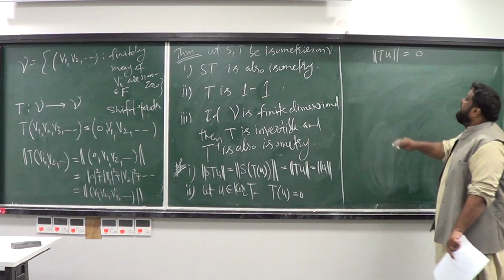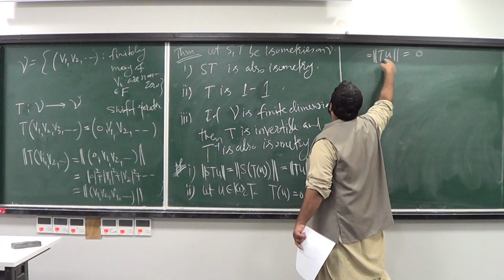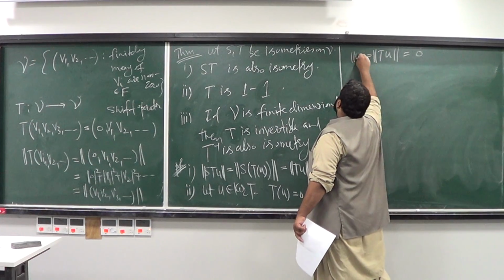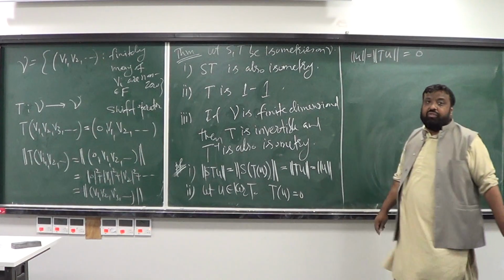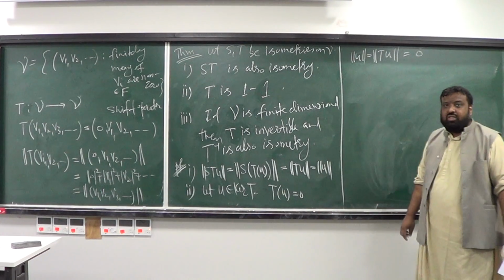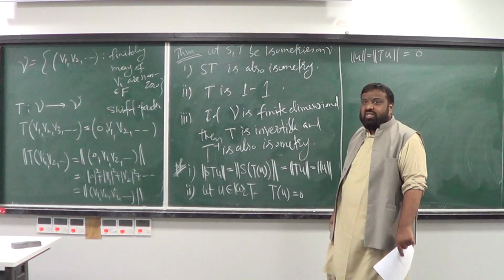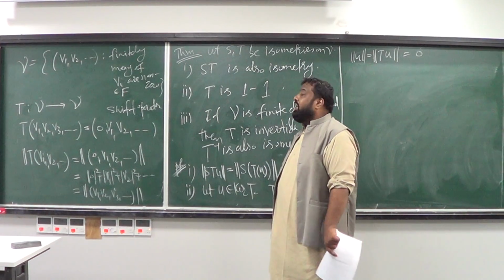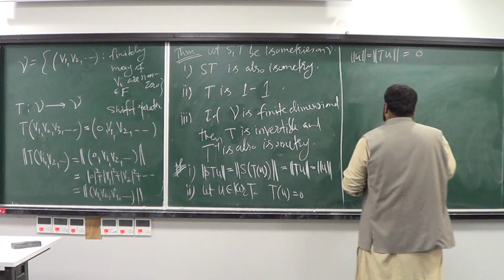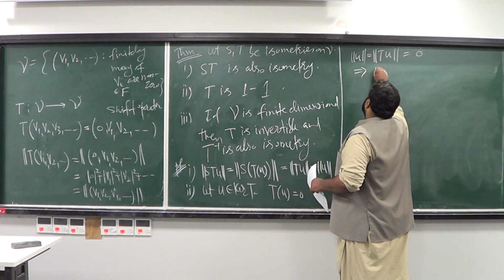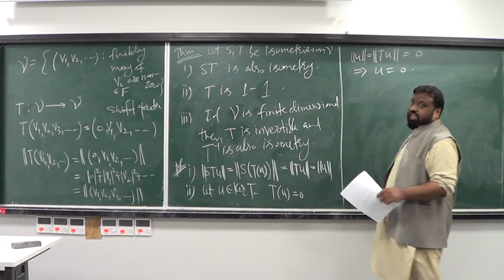But since T is an isometry, the magnitude of TU must be equal to the magnitude of U. So this shows that the magnitude of the vector U is 0. Now, can you tell me a vector whose magnitude is 0?